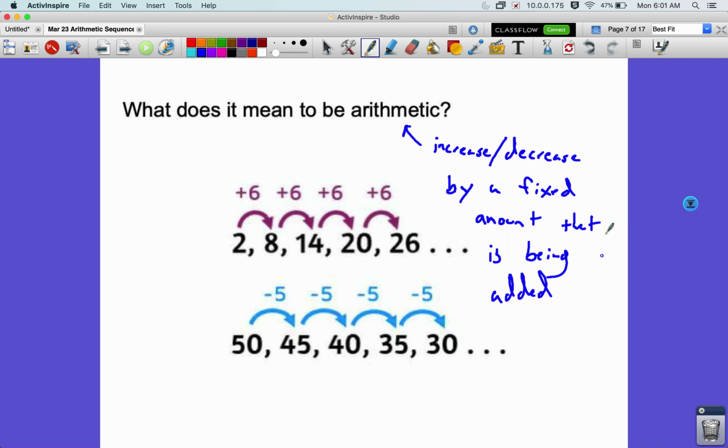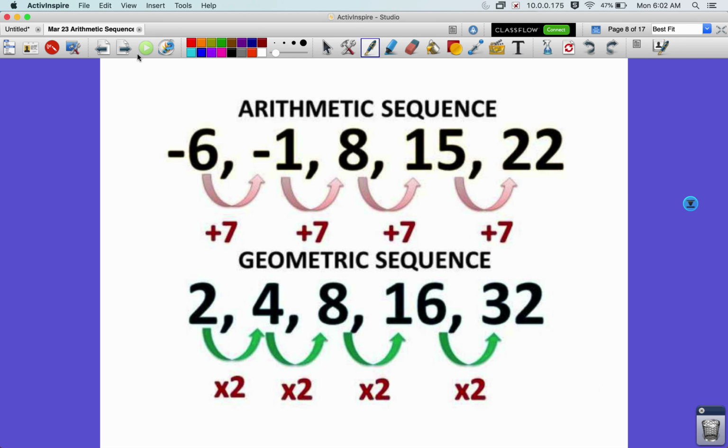But we'll just say it's always being added, but if you want a sequence to decrease, just add a negative number. So what does it mean for a sequence to be arithmetic? It has to increase or decrease by a fixed amount that is being added. So here we see another arithmetic sequence, -6, -1, 8, 15, 22. Here, to get from one term to the next, we add 7.